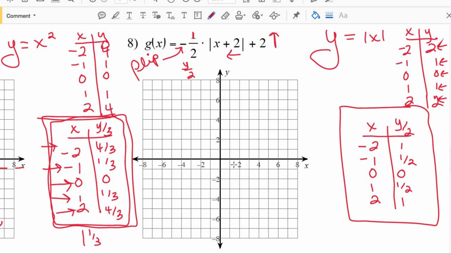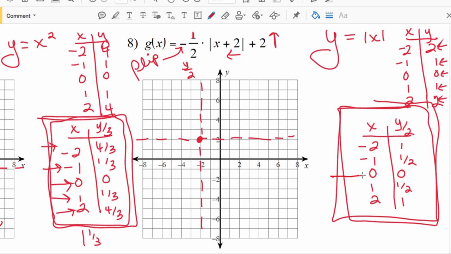So we're going to go to the left 2 and up 2, and put our imaginary xy table in. And then if you can graph your y values chopped in half and upside down without making an extra table, then go ahead and do that, because that's what you're supposed to be doing.